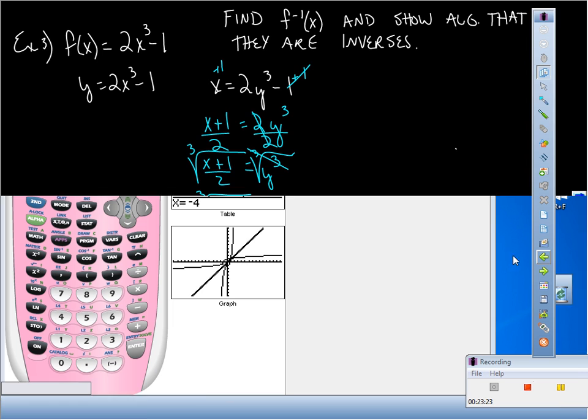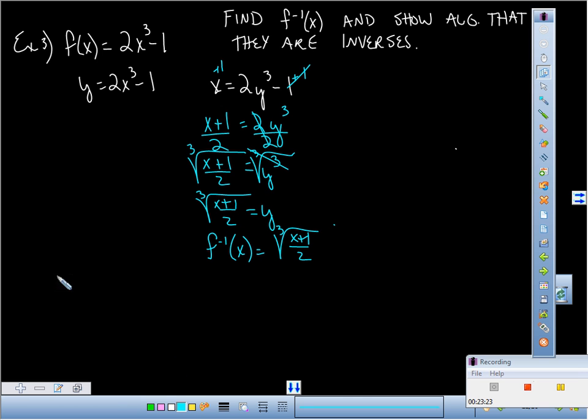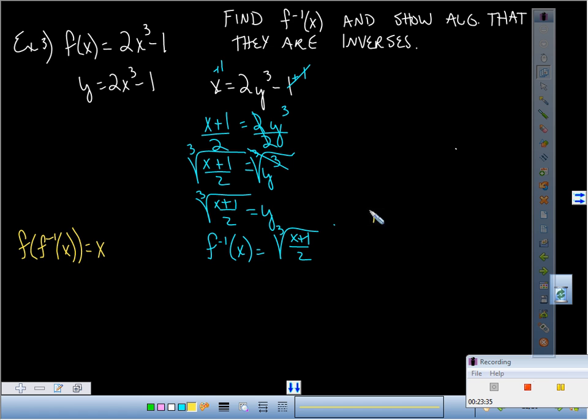So now let's show algebraically. Algebraically, you're going to show that f of f inverse of x is equal to x, and f inverse of f of x is equal to x. Now, when you do these, this is where you start seeing how things cancel each other.